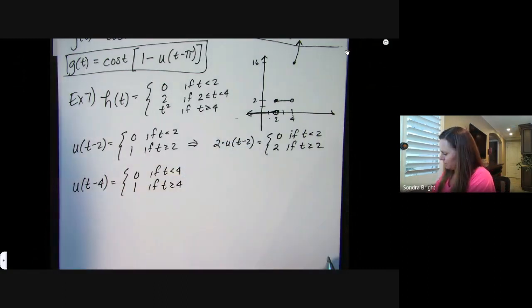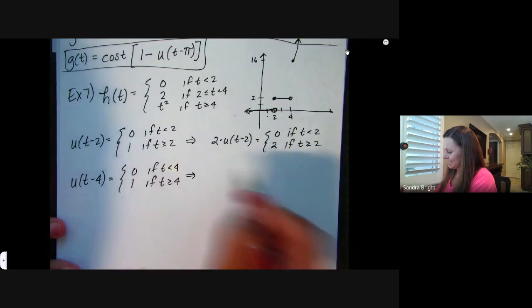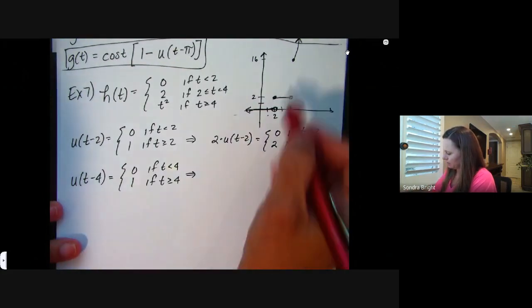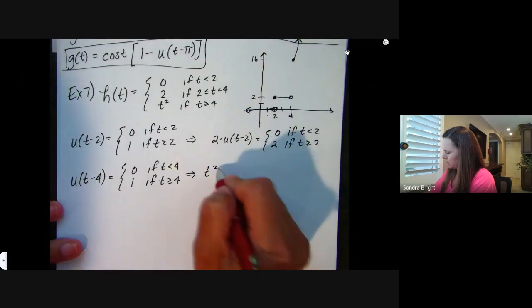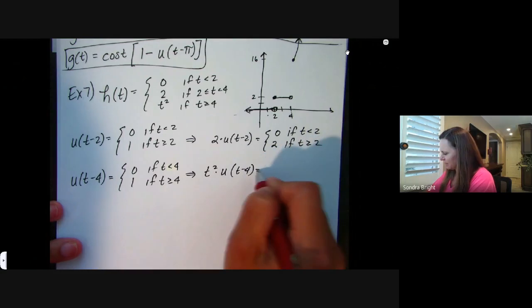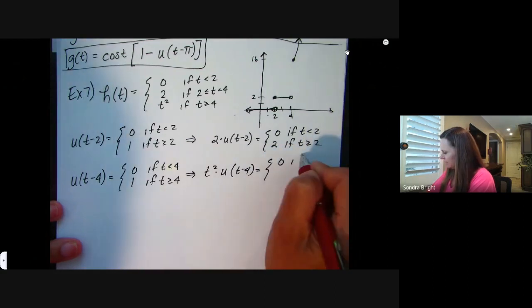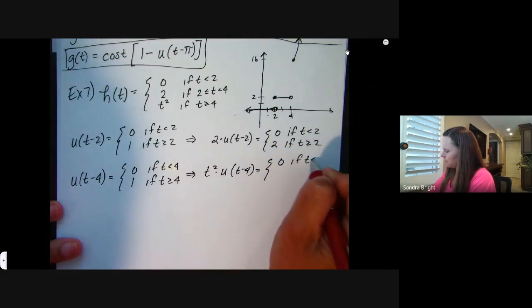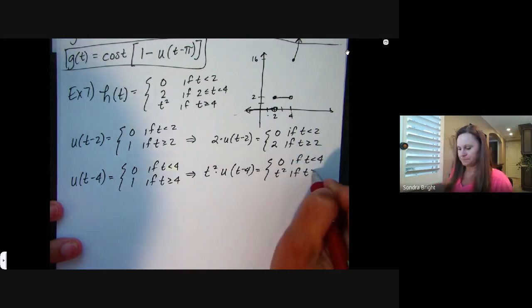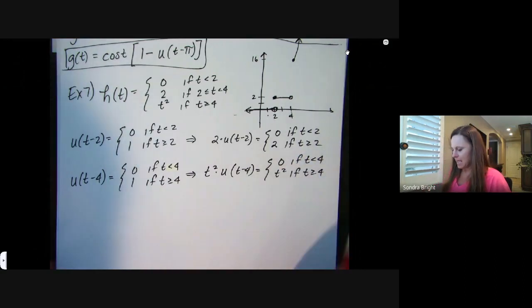Well, I actually have t squared for t greater than or equal to 4, so t squared times u of t minus 4 would still give me a 0 if t is less than 4, but now it'll give me t squared if t is greater than or equal to 4.